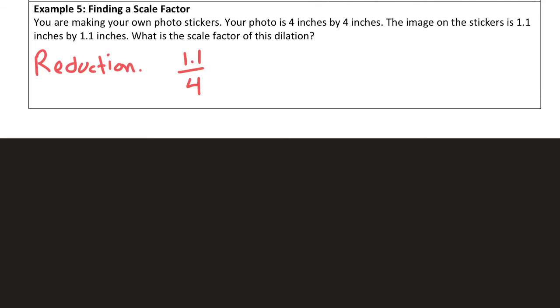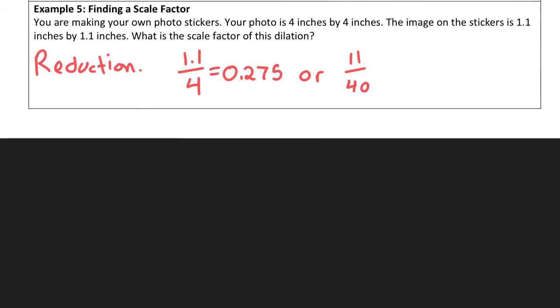If I did 1.1 divided by 4, it would be about 0.275, okay? Or this could be represented, if I multiplied both of these by 10, which sounds weird, 11 over 40. So either one.